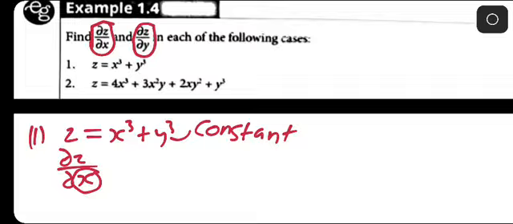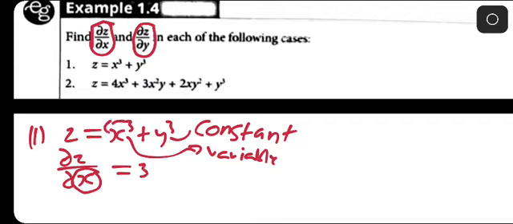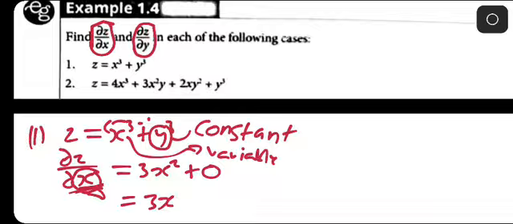So this will simply equal, you drop the exponent, 3x, you minus 1, using the power rule, you get 3x squared. This one, remember, we take as a constant because we are differentiating with respect to x. That one will simply equal 0, because it's just a constant. Then this will simply equal 3x squared. Hopefully you see this.